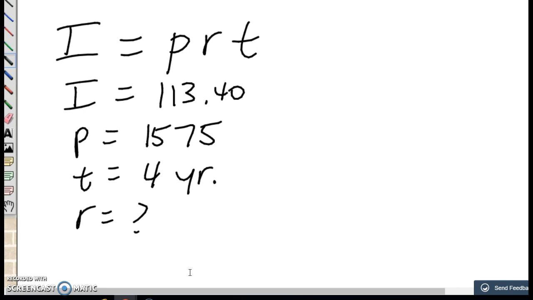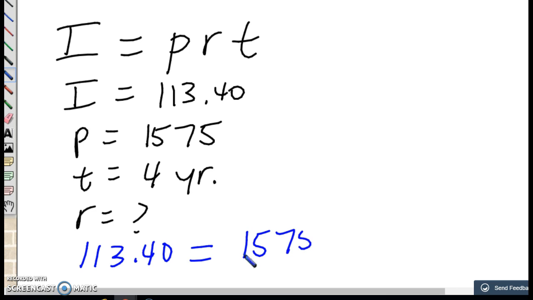So let's substitute the values into the formula. We are given the interest. We know the interest was $113.40. It's going to equal $1,575 times the rate that we don't know times the time, which is 4.